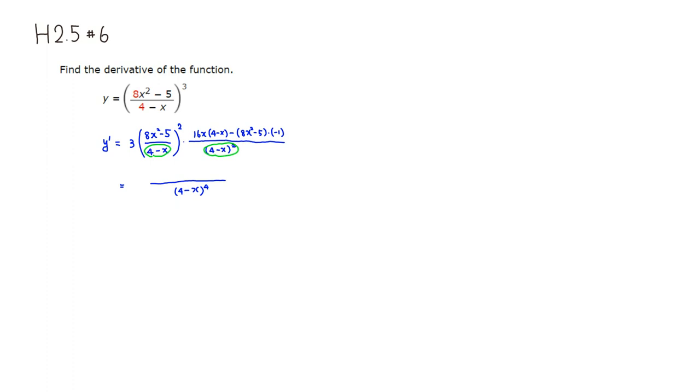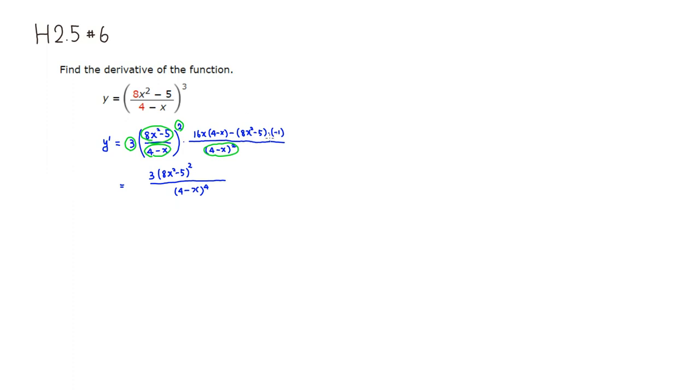Then we have a 3 here right in front, so that takes care of this guy. Then we have (8x squared minus 5) squared, so that will take care of that guy and also that guy.